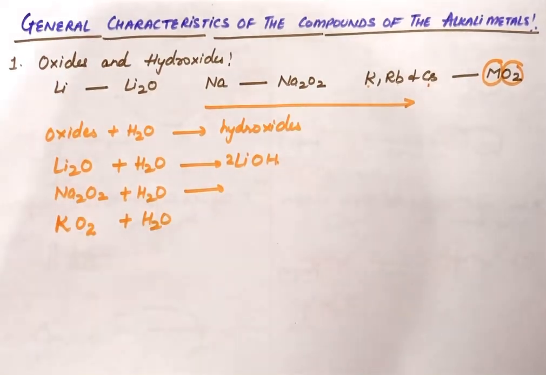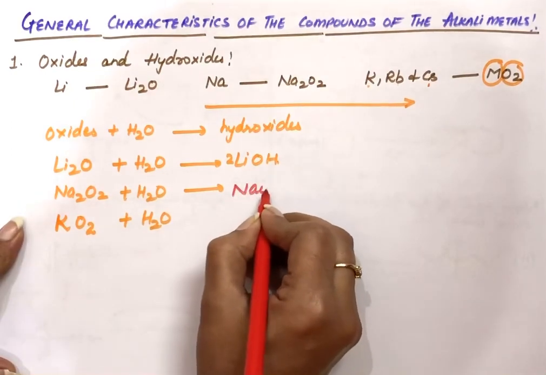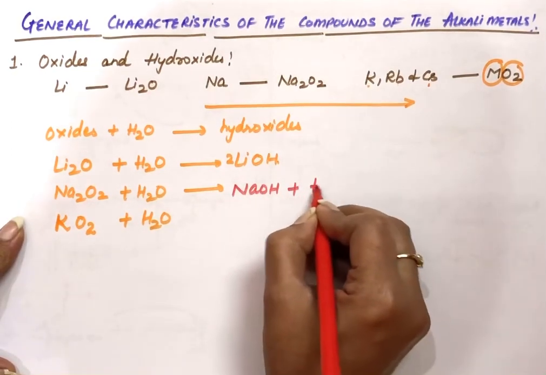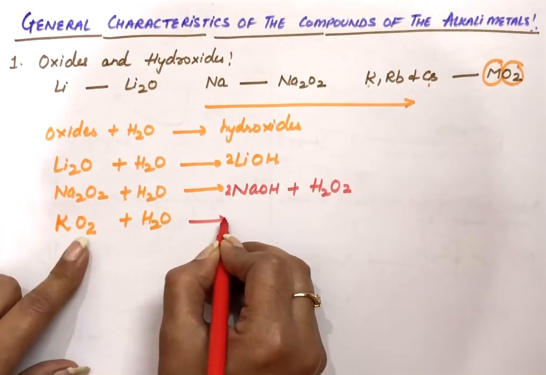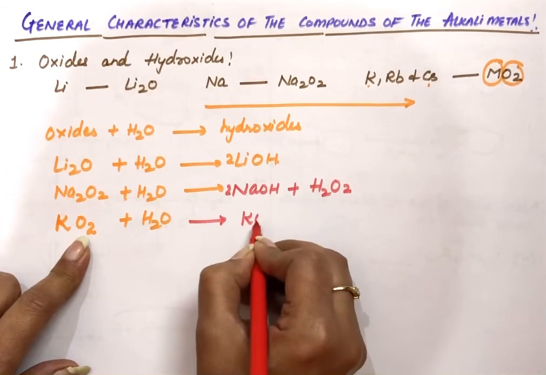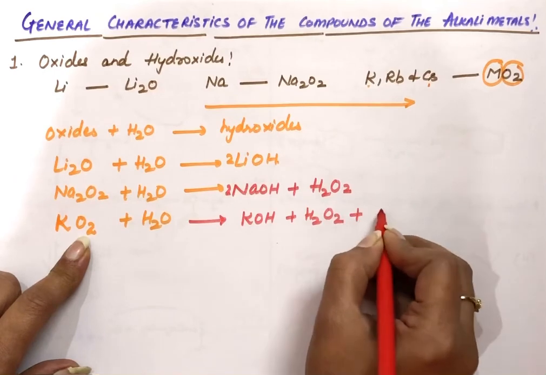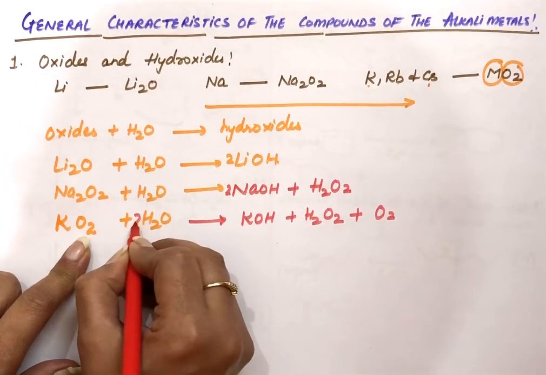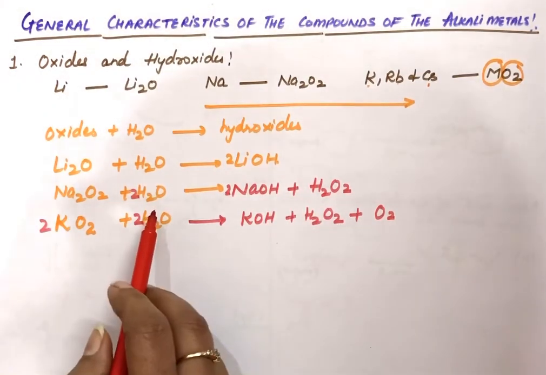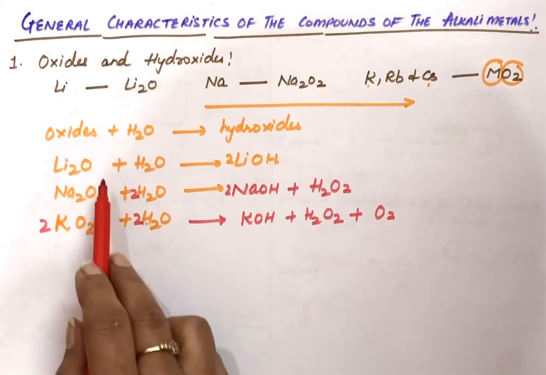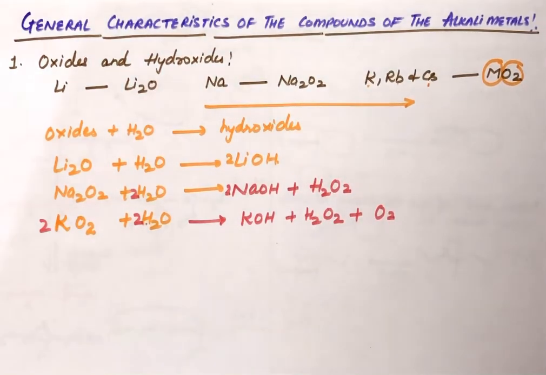But if we have peroxide, then we get hydroxide along with hydrogen peroxide. And if superoxide is taken, there will be formation of hydroxide, hydrogen peroxide, and also oxygen. So this is the difference in the reaction of monoxide, peroxide and superoxide with water. The byproducts here are different and we have to remember them.